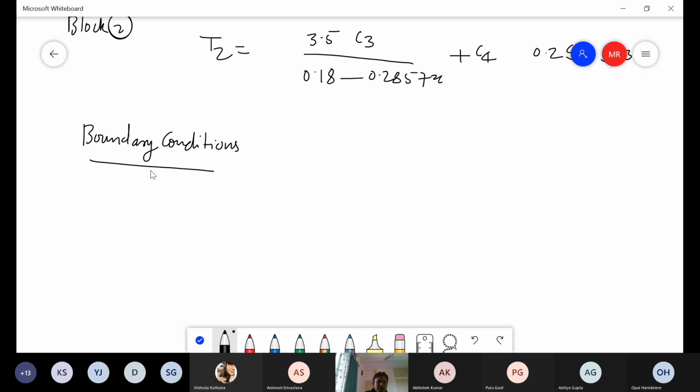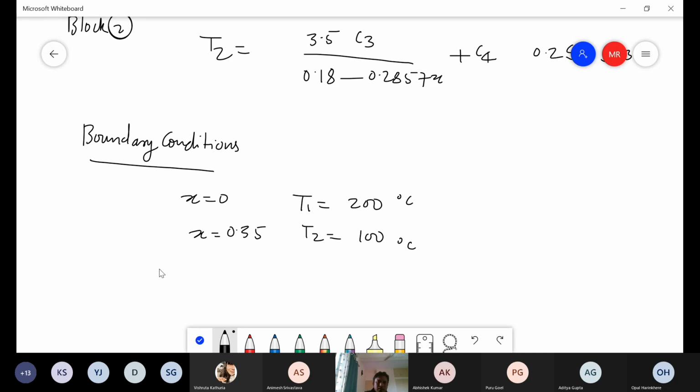When x equals to 0, the temperature T1 is equals to 200, isn't it? Similarly, when x equals to 0.35, temperature T2 is 100 degrees Celsius. So these are the two boundary conditions.